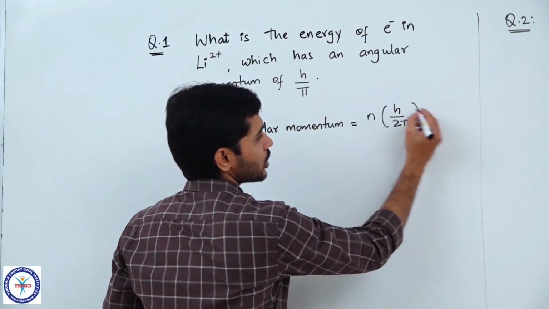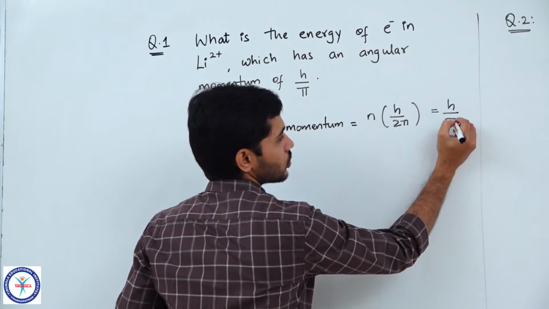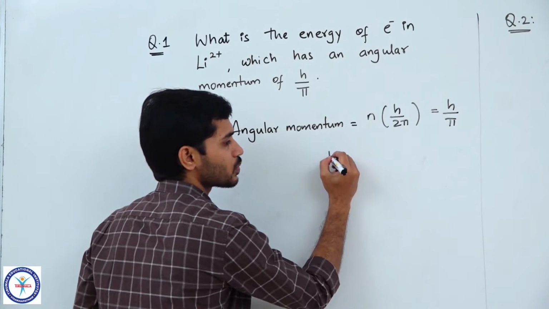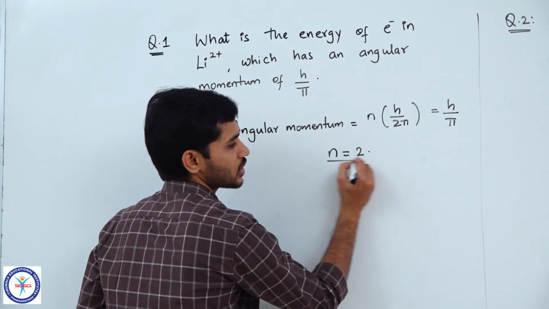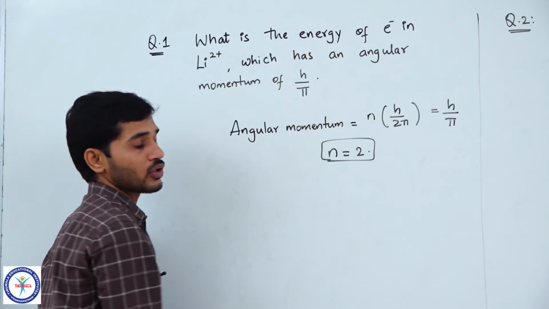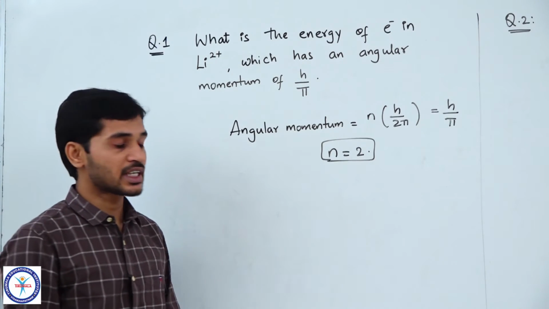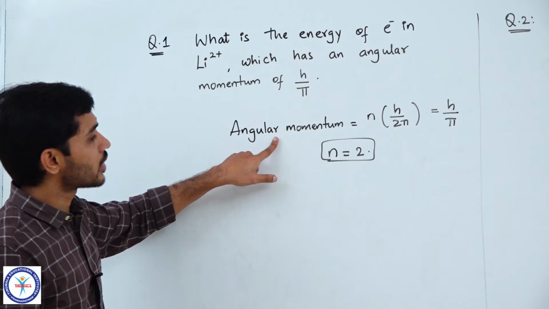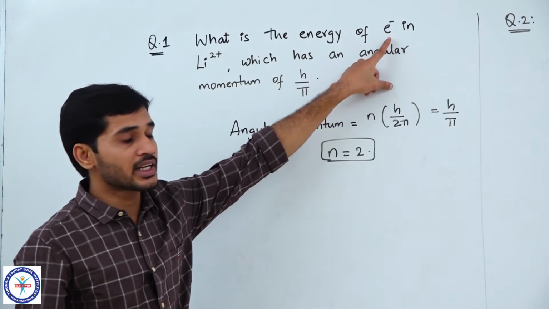So the value given to us is h by pi. From this we can easily understand that they are talking about an electron which corresponds to n is equal to 2 state. So the electron is in the second state or the first excited state, and they are asking us to find out the energy of such an electron in Li2 plus.